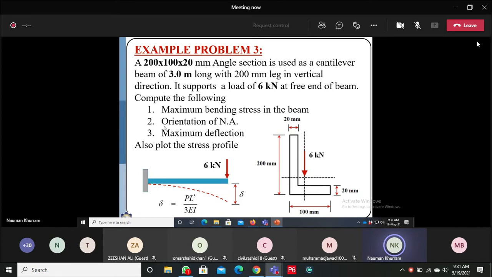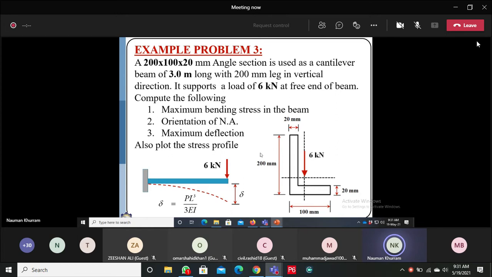What we are supposed to do: we need to compute the maximum bending stresses, the orientation of the neutral axis when this beam is subjected to the endpoint load, and the maximum deflection. We also need to plot the stress profile along the periphery of this section.